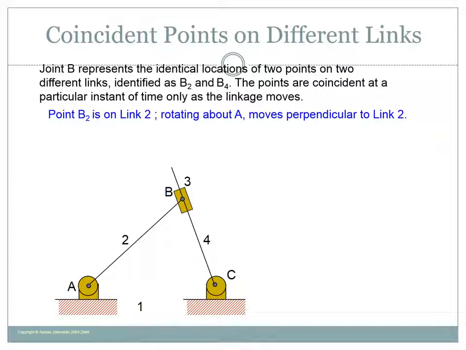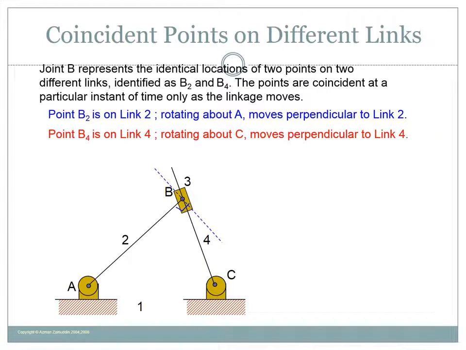So point B2 is on link 2 rotating about A, moving perpendicular to link 2. So we have a velocity that is perpendicular to BA, right? This is perpendicular. Next, point B4 is on link 4, rotating about C, which moves perpendicular to link 4.